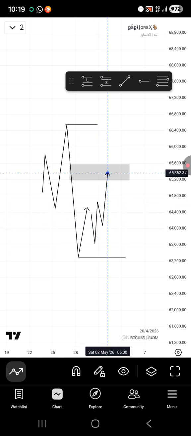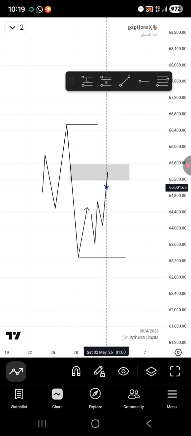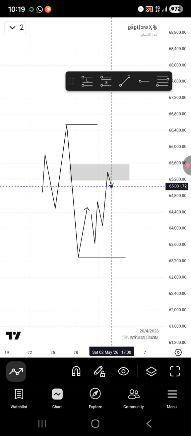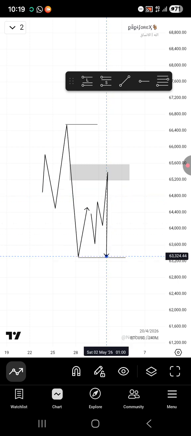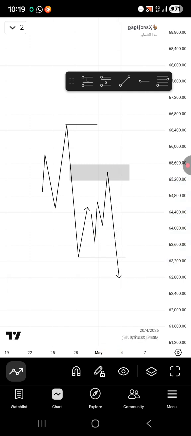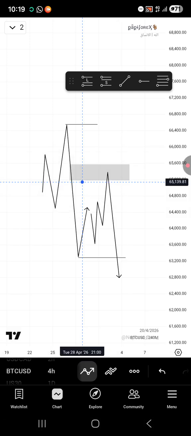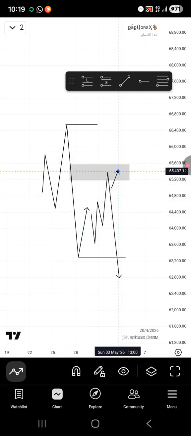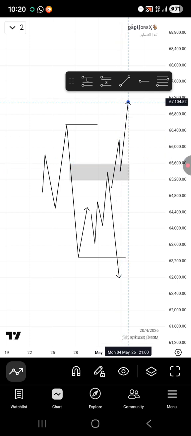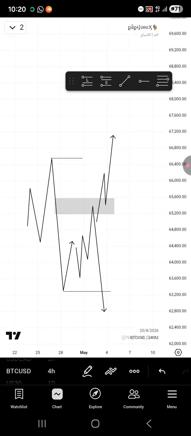Then when it gets to this resistance zone, two things happen. Either it reacts at this resistance zone, which I call the fair value gap, to sweep this low, or it reacts at this resistance zone, then breaks it, then continues higher to sweep the swing high. So that's basically how price moves.